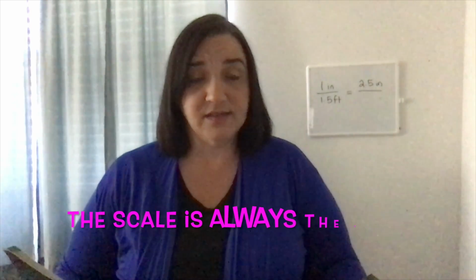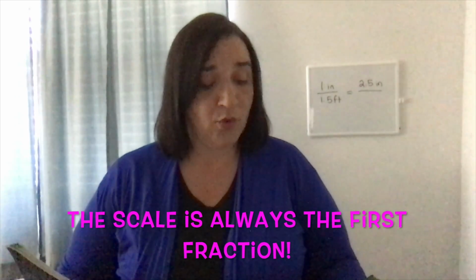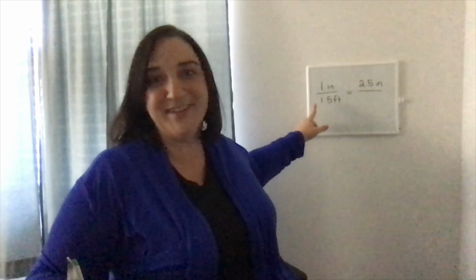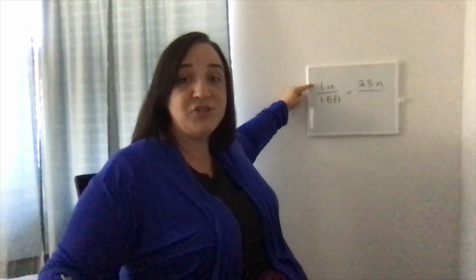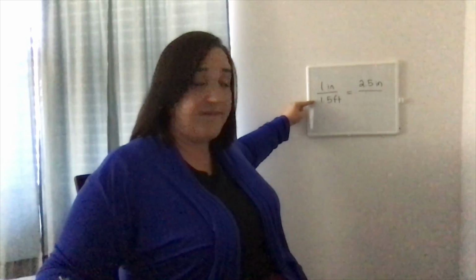And behind me on my little tiny whiteboard, you can see that I set it up as a proportion. And remember what I told you, the scale is always fraction number 1. I did it exactly as it was written in the book. So it said 1 inch equals 1.5 feet. So I put 1 inch, oh, it's this side of me, sorry, everything's backwards. I put 1 inch over 1.5 feet.